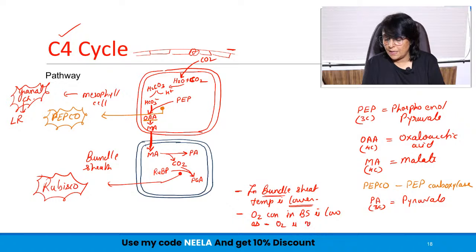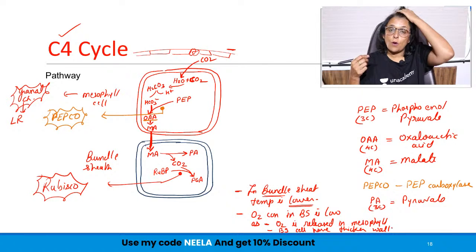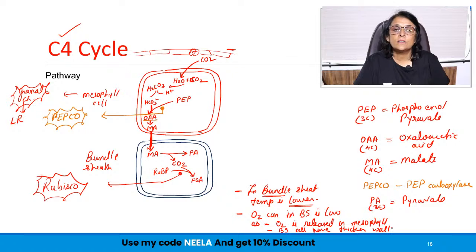So oxygen concentration in bundle sheath is low, as 1, oxygen is released in mesophyll, and 2, bundle sheath cells have thicker walls. So in case some oxygen diffuses from mesophyll to bundle sheath cells, still it will not be able to enter the bundle sheath cells.